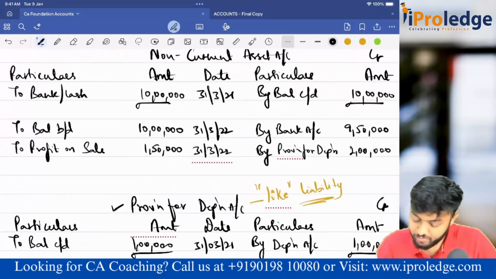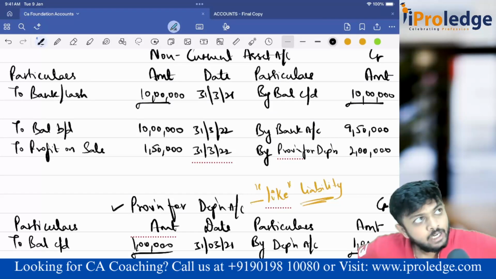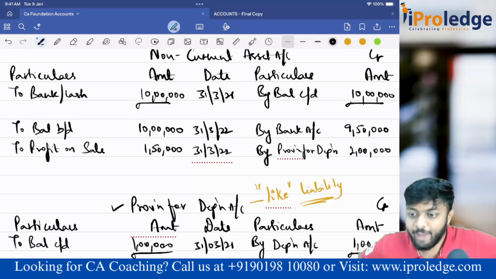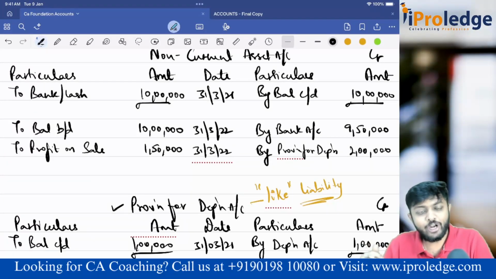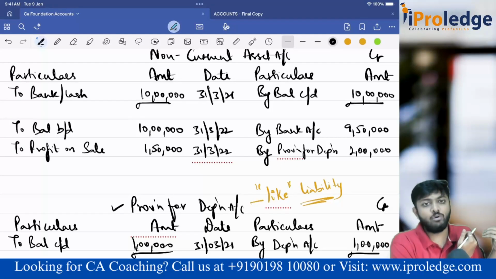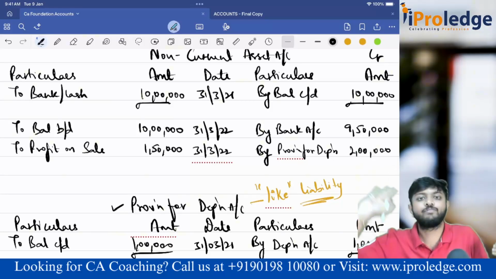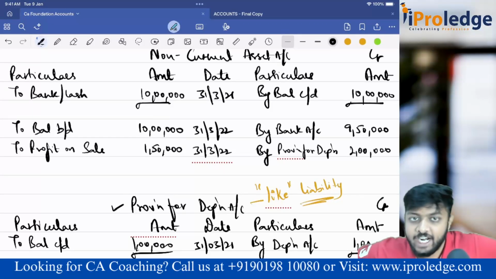One extra thing I did is that bank came on the credit side, profit came on the debit side, and loss would have come on the credit side. One more extra thing is that the depreciation component was separate in the provision for depreciation account. I don't want that to be there because I'm selling the asset, so why keep depreciation there? Transfer it to the non-current asset account.